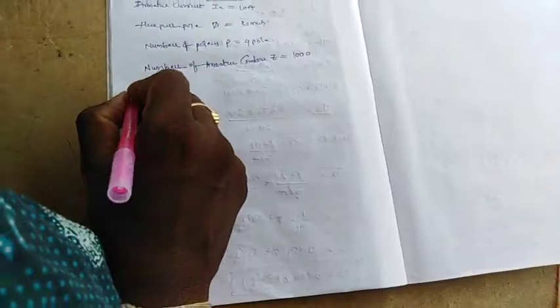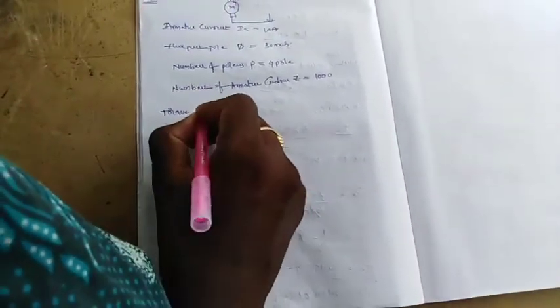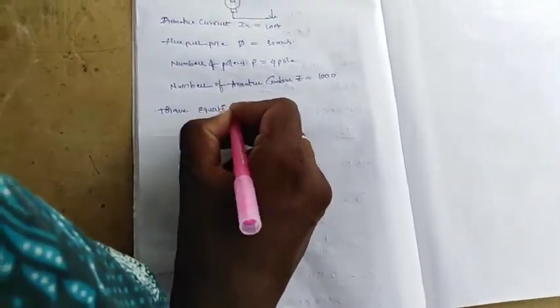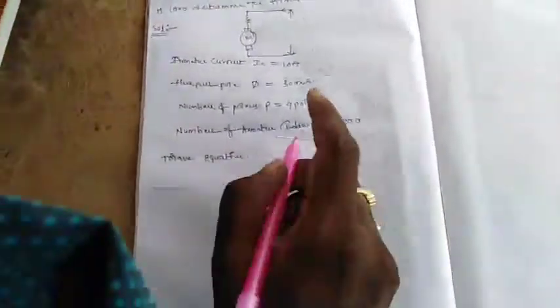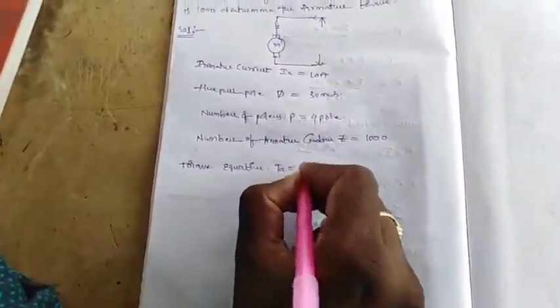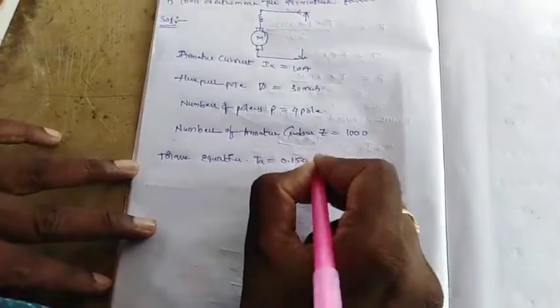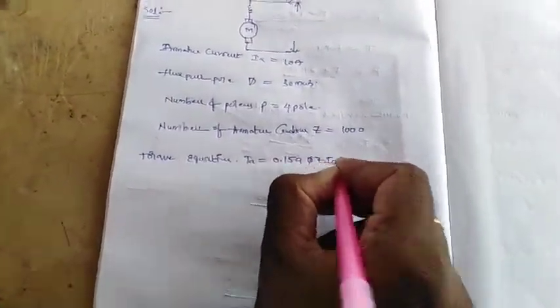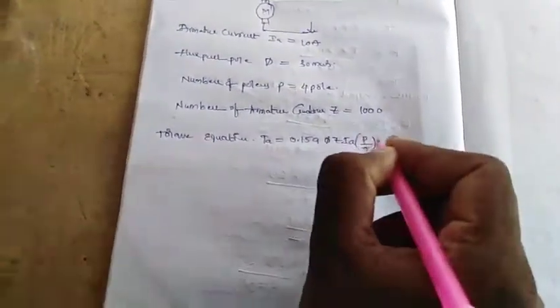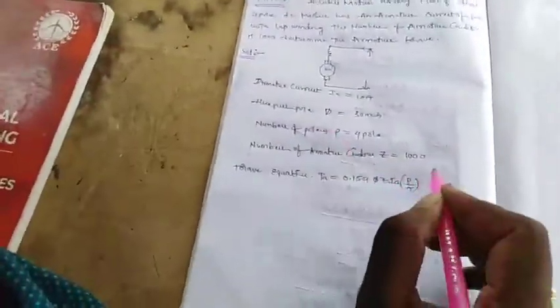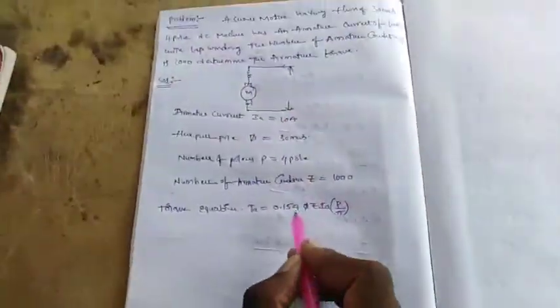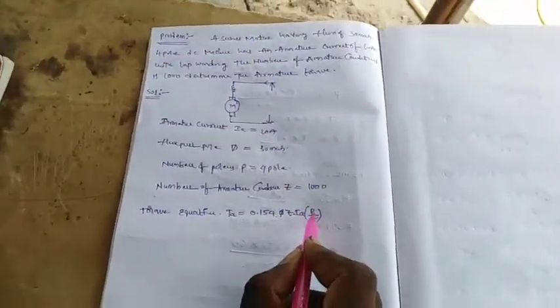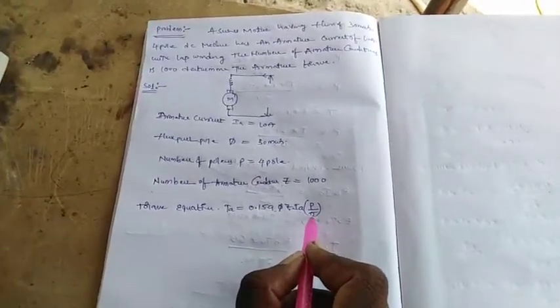So the torque equation: armature torque Ti equals 0.159 phi Z IA into P by A. Here in the given data we have phi, Z, IA and the number of poles, but we don't have the parallel paths. But the winding is given as lap winding.